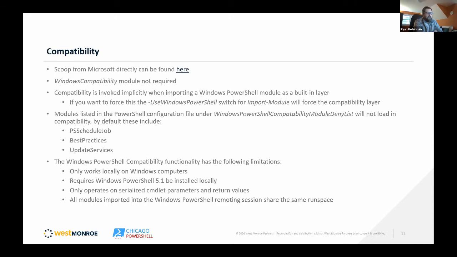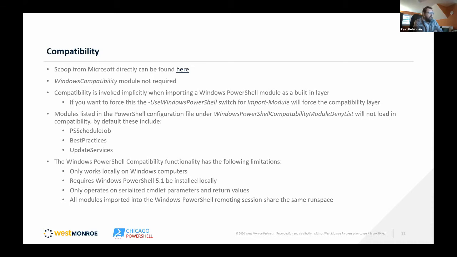In the limited testing I've done over the last 6 weeks running some PowerShell scripts in PowerShell 7, the compatibility seems to be pretty effectively invisible. There are abilities for you, as the person running or authoring PowerShell scripts, to modify or change that behavior. You can force the compatibility layers to operate or force them off if you so desire. So you can kind of control that behavior.